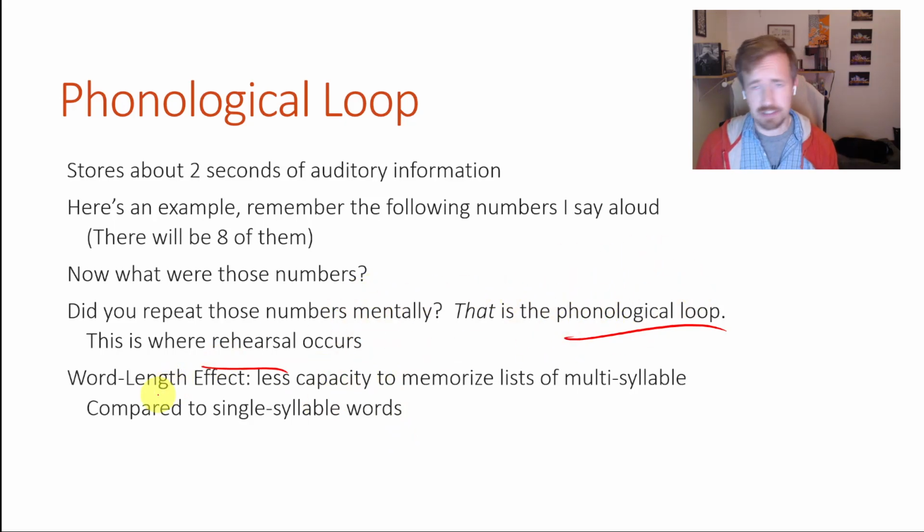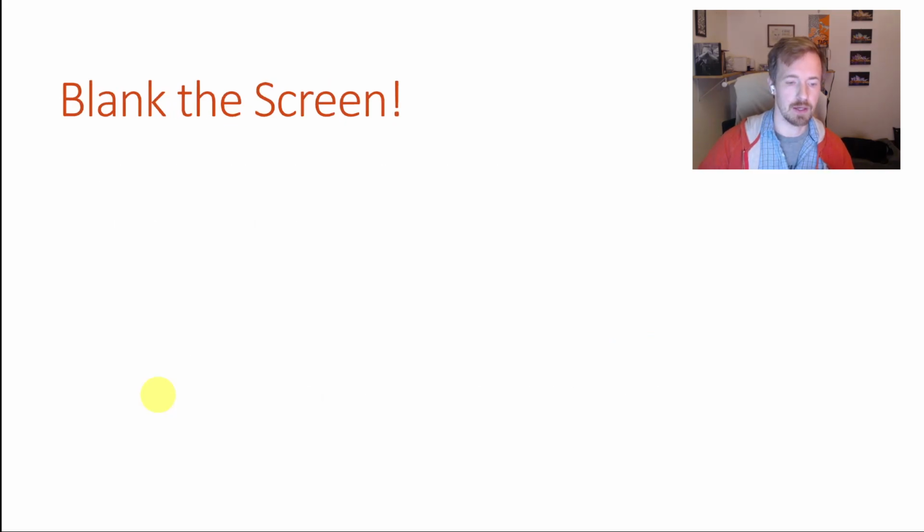I mentioned the word length effect already earlier this semester, but in case you didn't remember, that is the idea that what we remember in the phonological loop is sensitive to the word length. So if it is a word that has multiple syllables, then we can store fewer of those in the phonological loop compared to shorter bite-sized words.